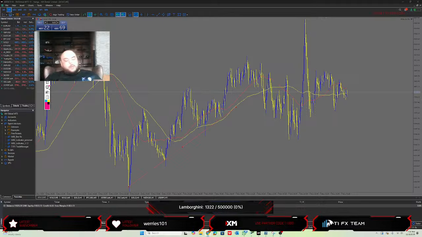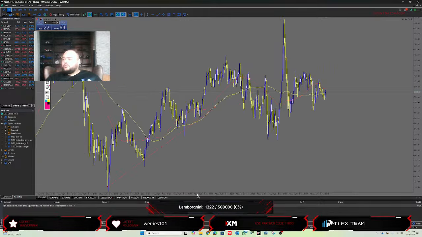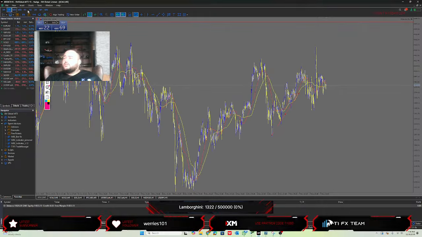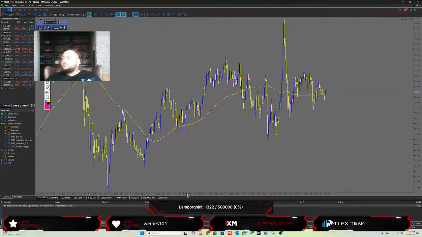So order block, very simple. The order block is there to leave you behind so that you don't enter positions. So let's find some order blocks. Find a nice example of an order block.